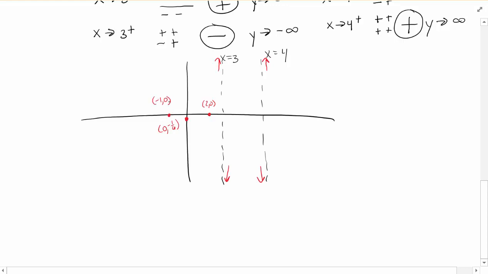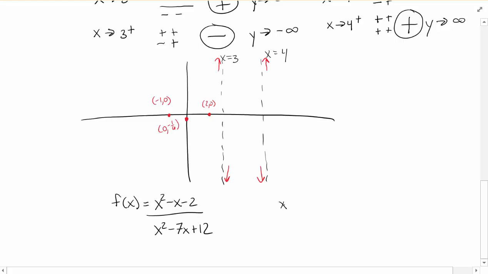Okay. The other thing I want to know is what's happening out far left and far right. So that's the end behavior. And my original function, it's way up there, but just so I don't have to scroll up again, it was x squared minus x minus 2 divided by x squared minus 7x plus 12. So I'm looking for horizontal asymptotes. And I can see that the degree of the numerator is 2. The degree of the denominator is 2.